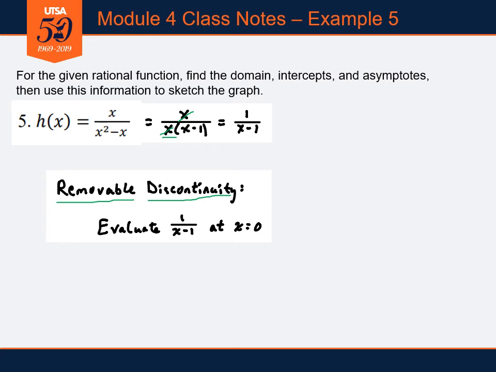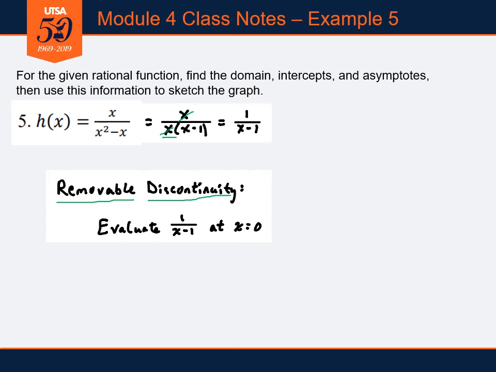A point that x can't be, the curve can't exist there, but it exists both to the left and to the right, and it's not a vertical asymptote. So it's what we call a removable discontinuity. It's a hole in the graph, and I'll sketch the graph and we'll see what that looks like.